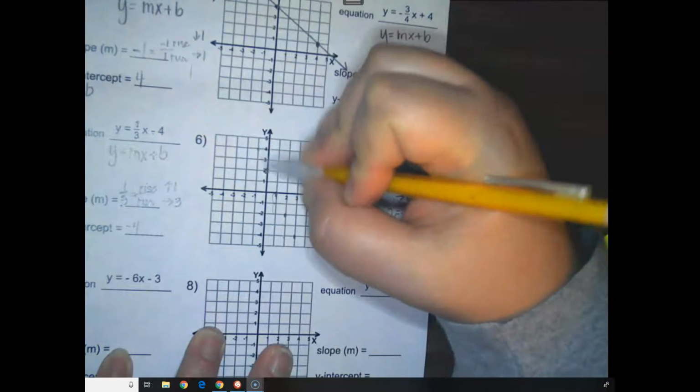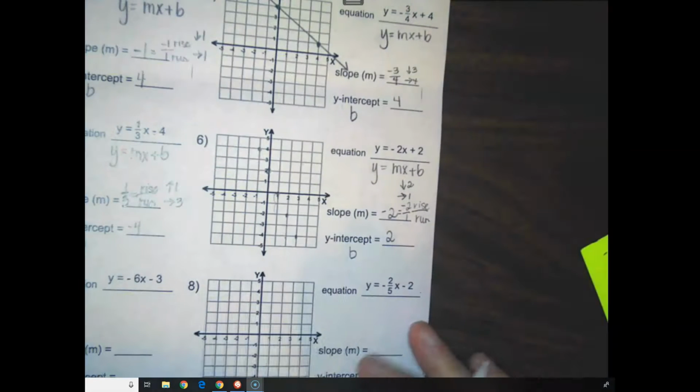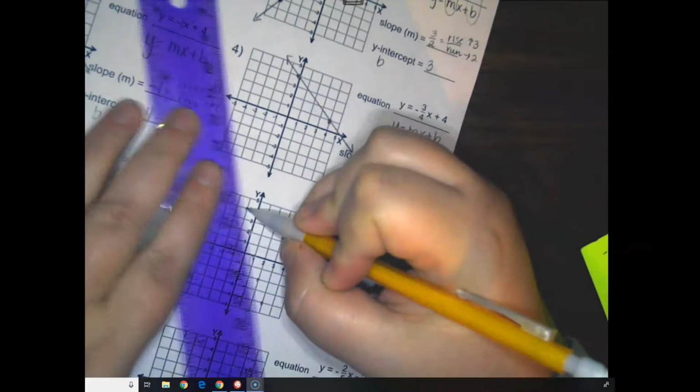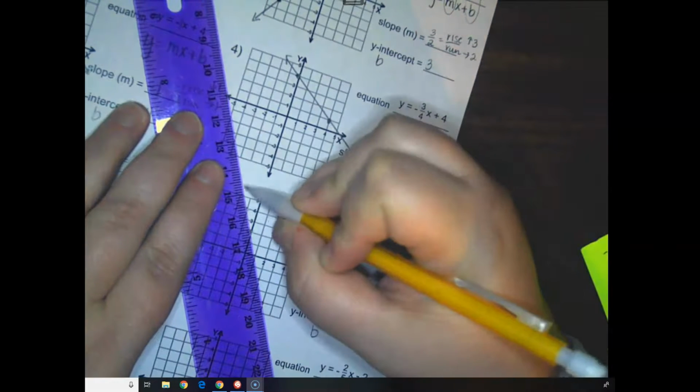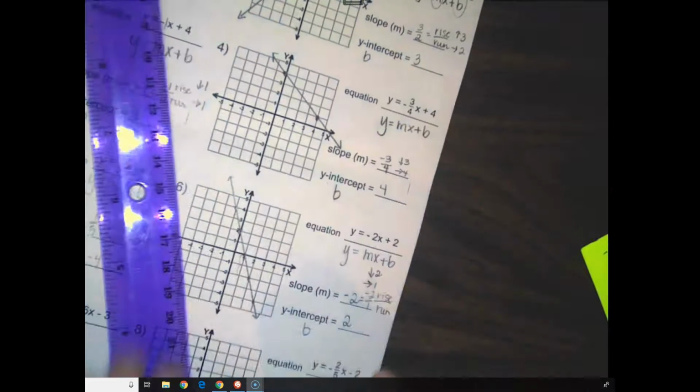Want to make sure it lines up with my line. If it didn't, then I probably did something wrong. Kind of connect to that, if I can get my ruler off of this table. Alright. Connect these dots. Very good.